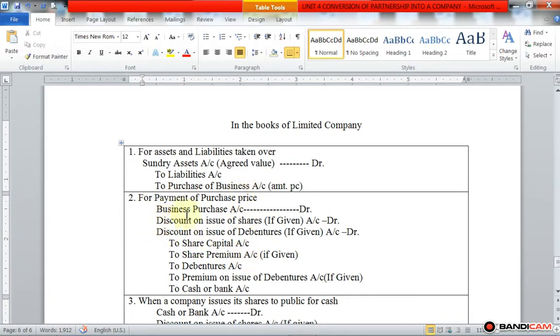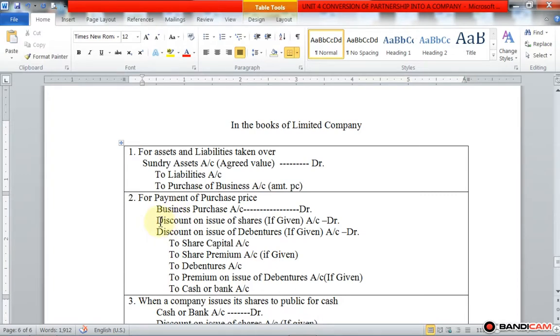It means the limited company has purchased the business of the partnership firm and gives the purchase consideration in the form of shares, debentures, and the remaining balance in cash. What has the limited company purchased? The business from the partnership firm, so Business Purchase Account debit.